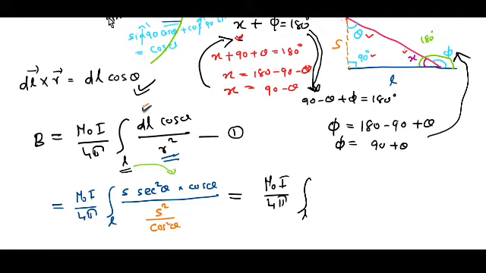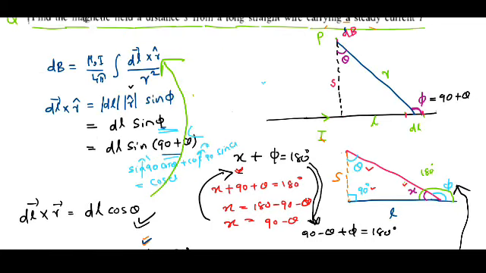Therefore, I bring your attention to this picture. Just now this expression dB was the magnetic field at this point P due to the small length element dl, for which the angle was this one, that varies from this S to this R, this is our theta.